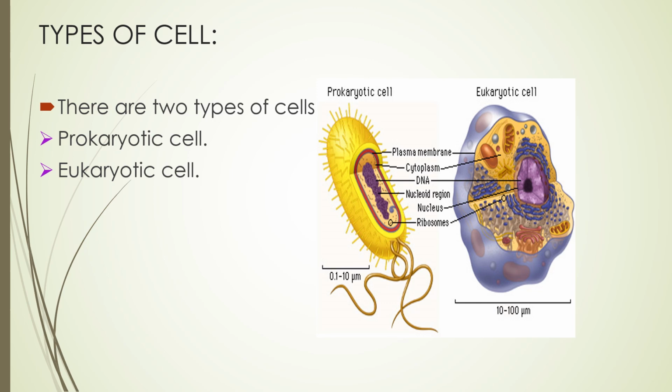Chromosomes are single and membrane-bound organelles are absent. In eukaryotes, there is a well-organized nucleus surrounded by a nuclear membrane. There are more than one chromosomes and membrane-bound organelles are present.